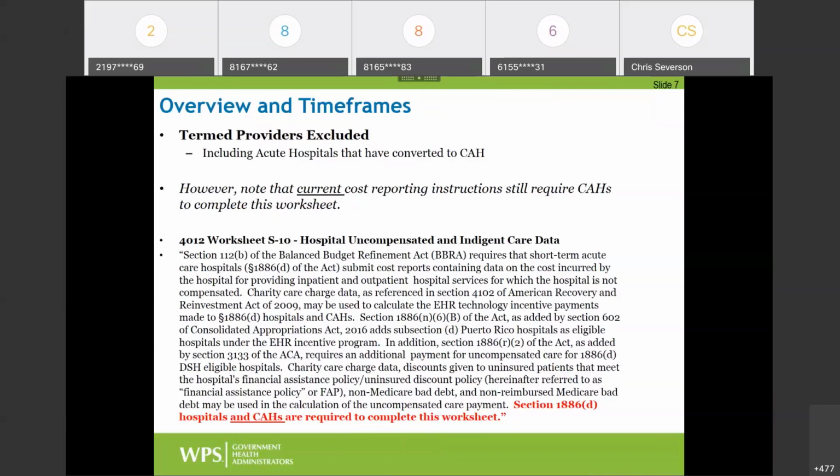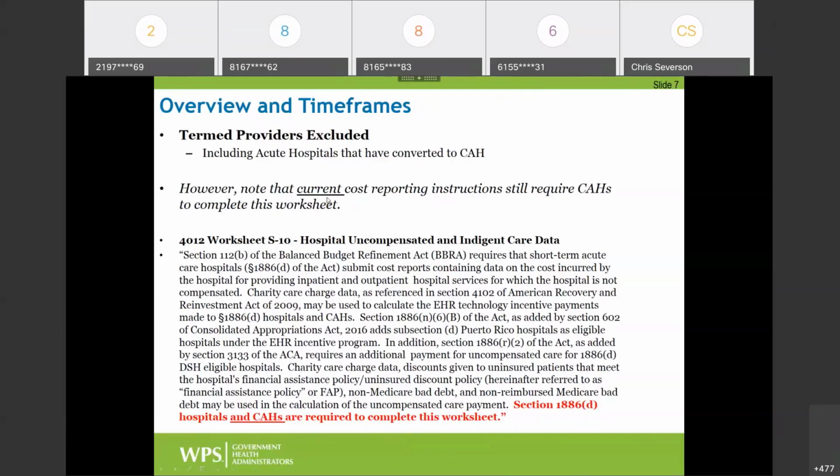So for all those reasons, they said sole community hospitals are still subject to it, but terminated providers that are not going to be in existence by the time these rates take effect, and those that converted to critical access hospital, are not going to be part of the S-10 audits. Now, occasionally we'll find a hospital that was sent an information request letter, but now they've terminated, so we do discontinue the audit at that point once we find that out.